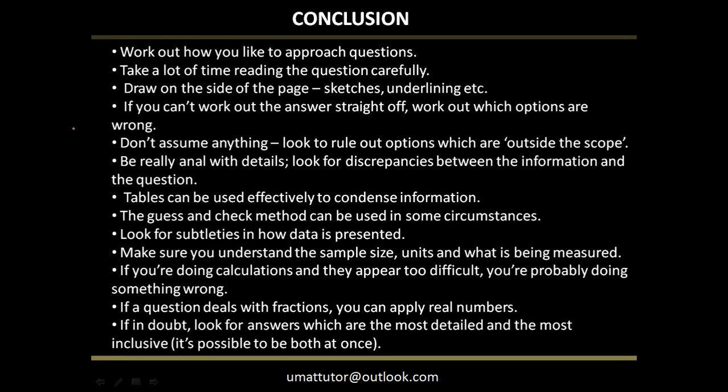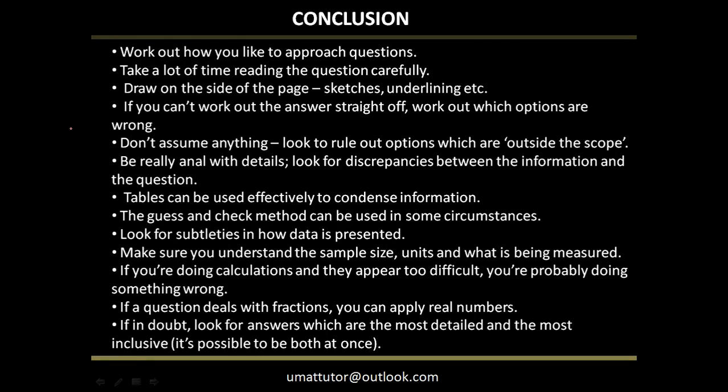And so overall, these are the points we've gone through today. Work out how you like to approach the questions. Take time, read them carefully, know exactly what the question is asking before you begin doing any working. And to do that, you can underline the key bits, draw on the side cause and effect, arrows, abbreviations, tables, whatever you want.